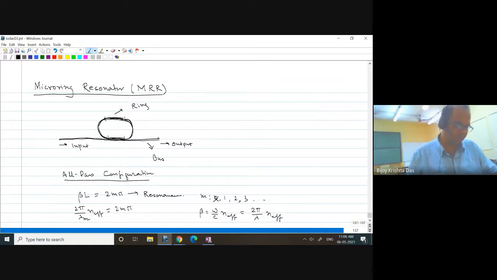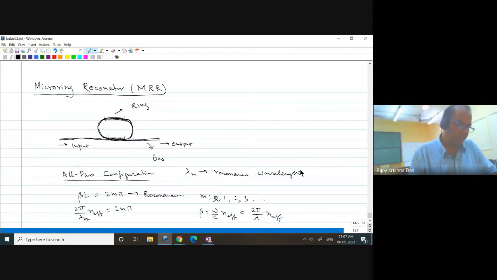We call that discretized lambda m, corresponding to the m value. So this lambda m, basically we call it the resonance wavelength, resonant wavelength or resonance wavelength. I think that's better. Okay, I'll proceed a little bit in this direction.